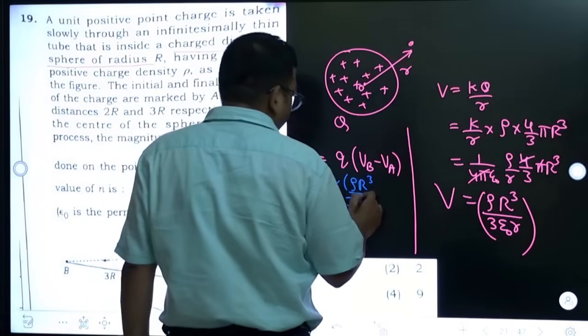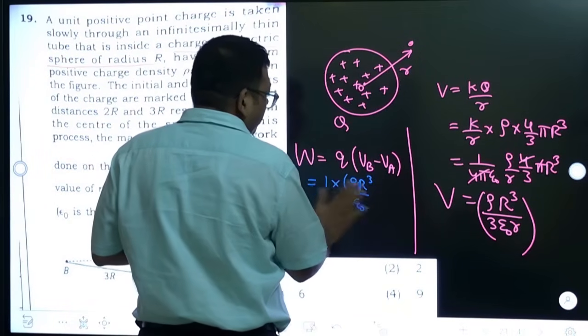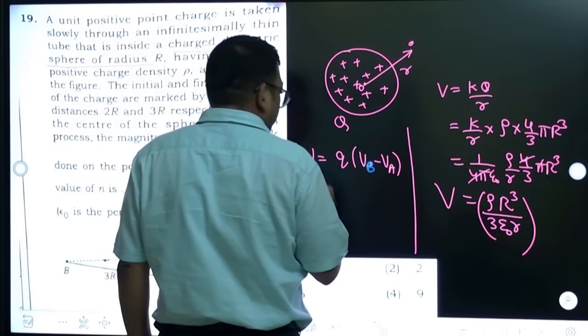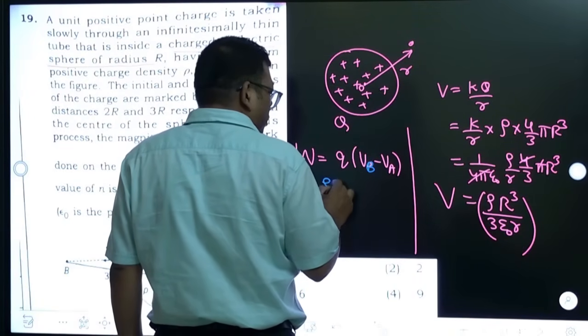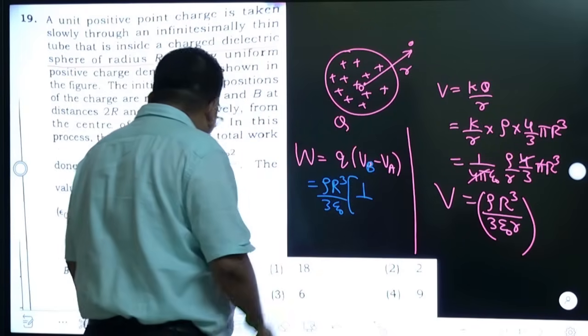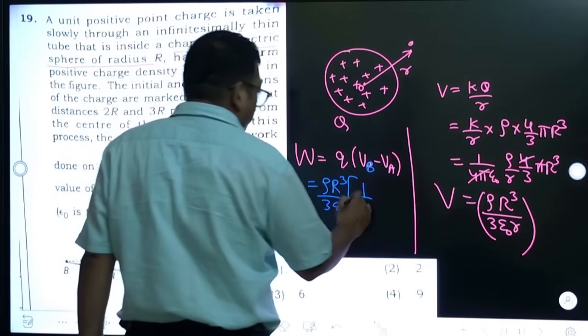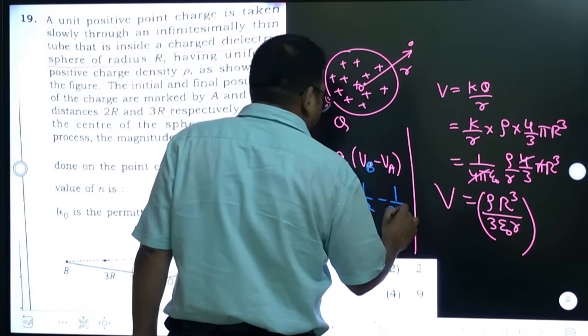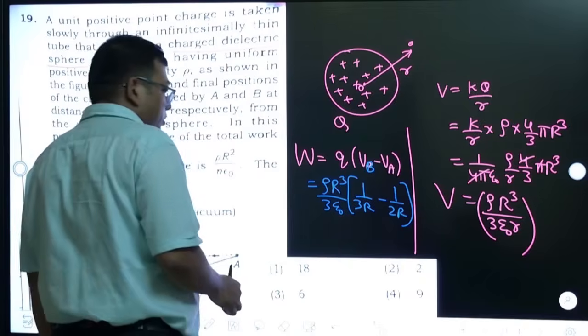It is better to take the common term out. So rho R cube by 3 epsilon naught I take common. Then 1 by the final position, 1 by 3R, minus 1 by 2R. Now you calculate this.